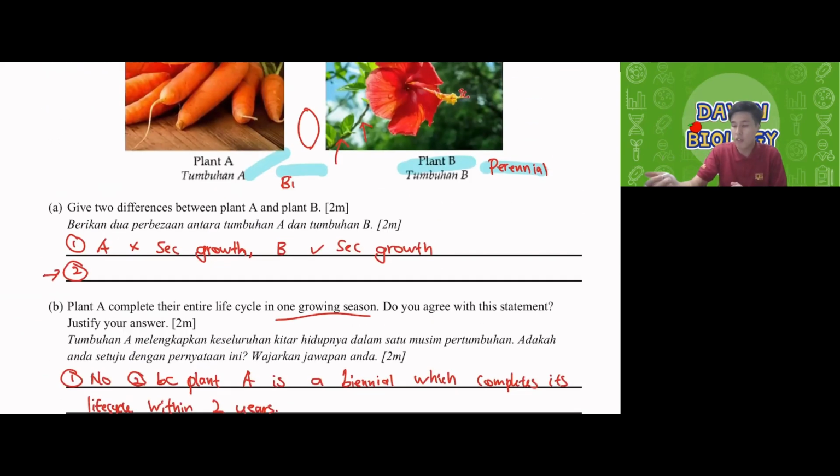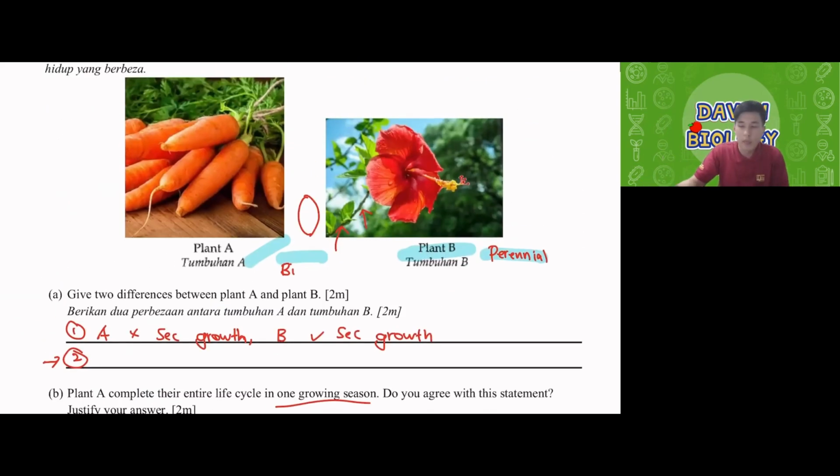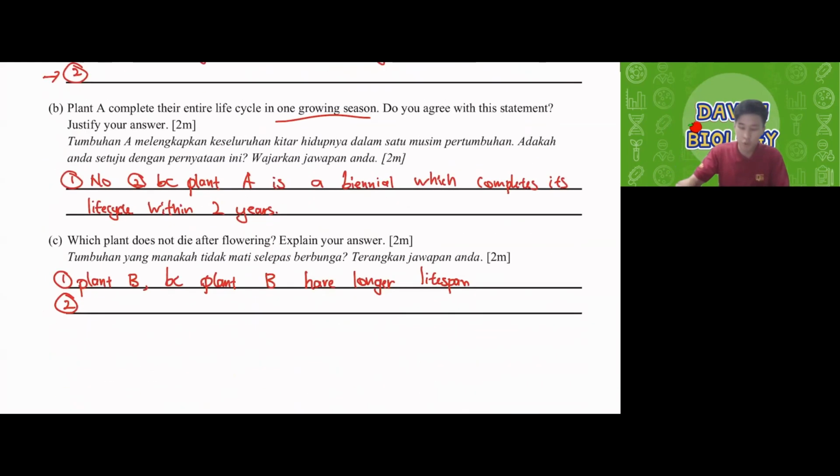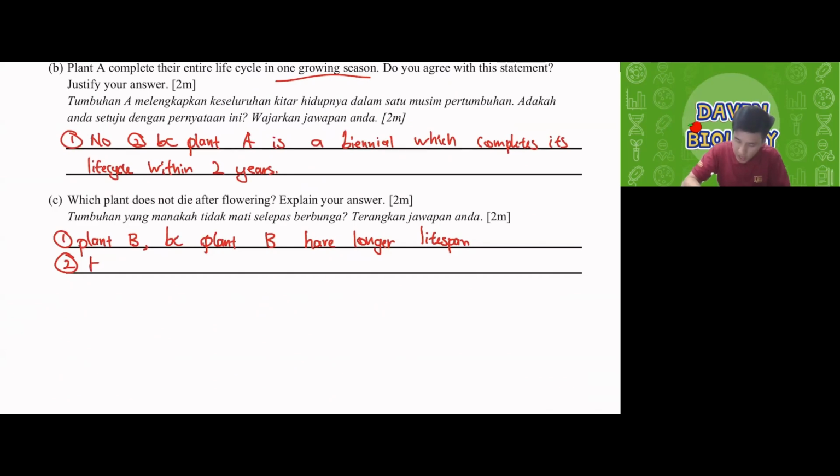But not necessarily all of them get fruits, but in general, yes, they can produce flowers, fruit, seed continuously, non-stop. So hence it can produce flower, fruits, and seed many times.